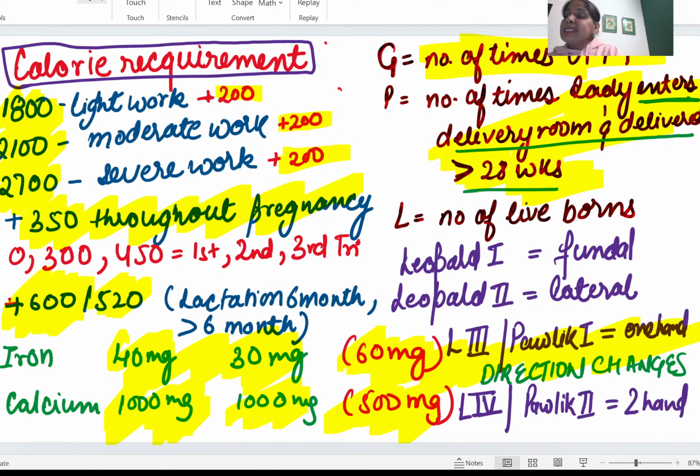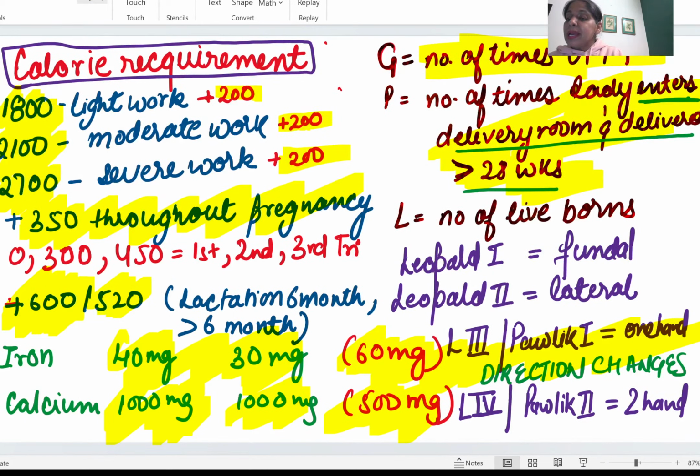What is L? L is the number of live births, the number of live fetuses the female has delivered. Here, if the female has delivered live twins, then it will be calculated as L2.